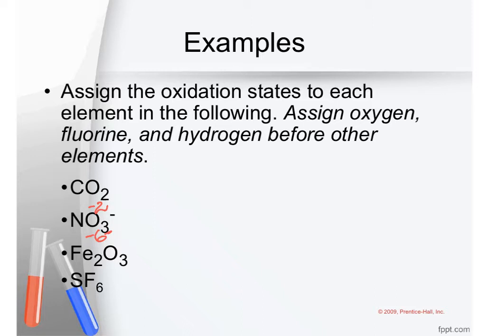I also know that the nitrate ion has an overall charge of -1, so when I add together all the oxidation numbers, they better add up to be -1. So what oxidation number must the nitrogen atom have so that whatever it is, plus -6 equals -1?